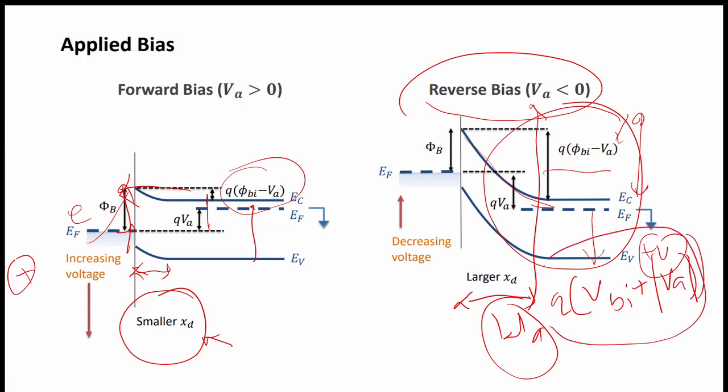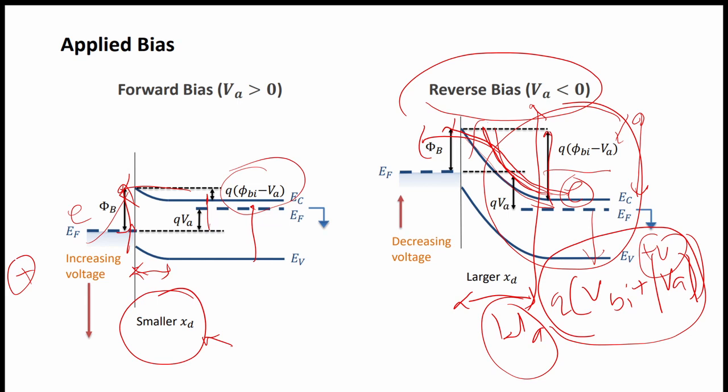So this is the total barrier height that electrons will face while moving from the semiconductor to the metal. They have to cross this much of a hill to go to the metal side.